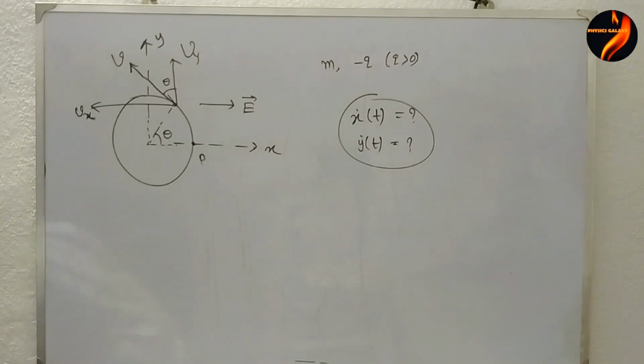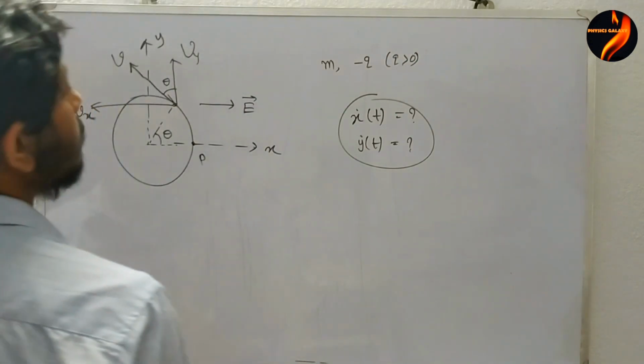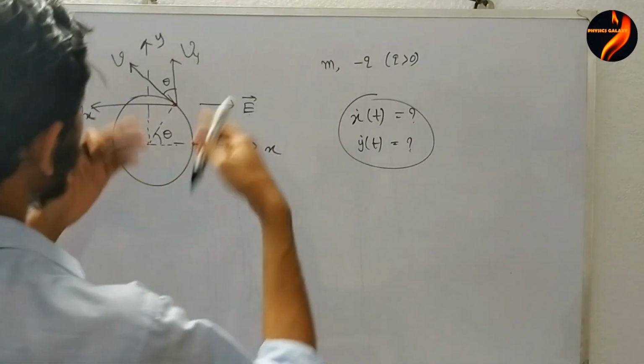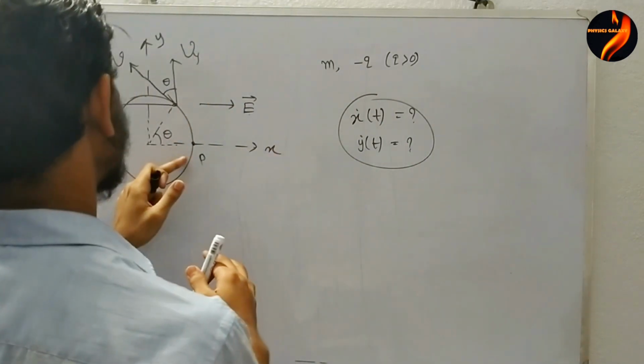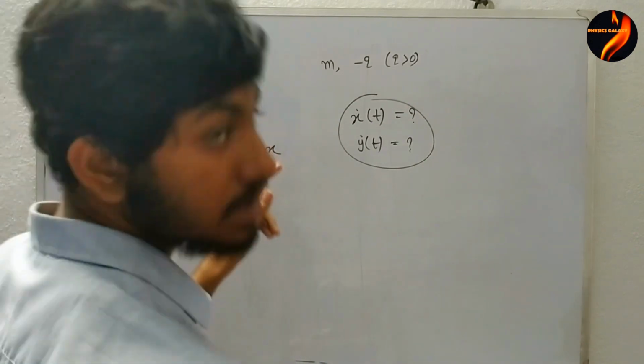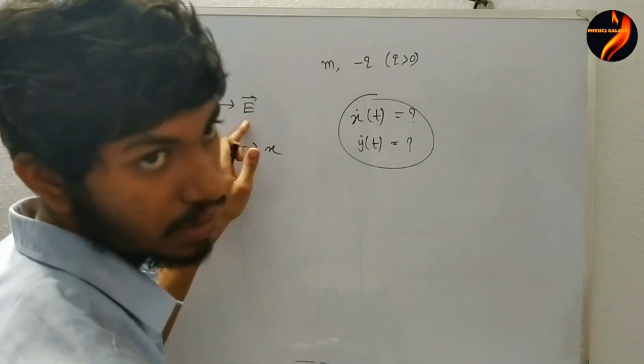Now for that, this electric field is along the x direction, so it has no y component, and the charged particle doesn't feel any force along the y direction. It only feels force along the x direction due to this external electric field.